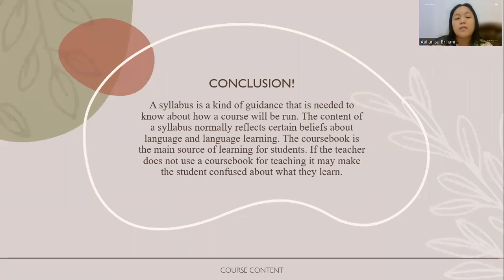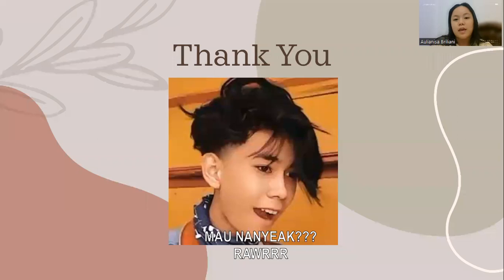The content of a syllabus normally reflects certain beliefs about language and language learning. The course book is the main source of learning for students. And if the teacher does not use a course book for teaching, it may make students confused about what they learn.